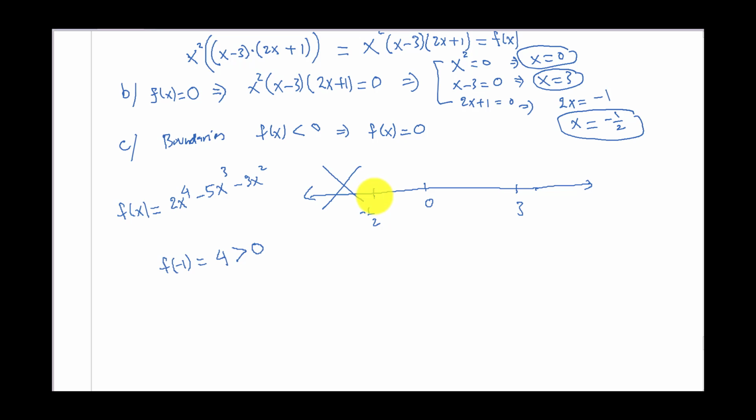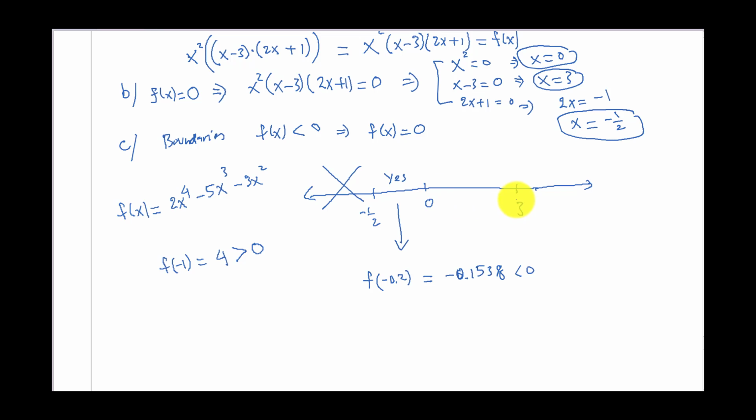Now between minus 1/2 and 0, let's test f of minus 0.2, because minus 0.2 is between minus 0.5 and 0. Plugging minus 0.2 into this function, I get minus 0.1538, which is less than 0. So yes, this is a region for my solution.